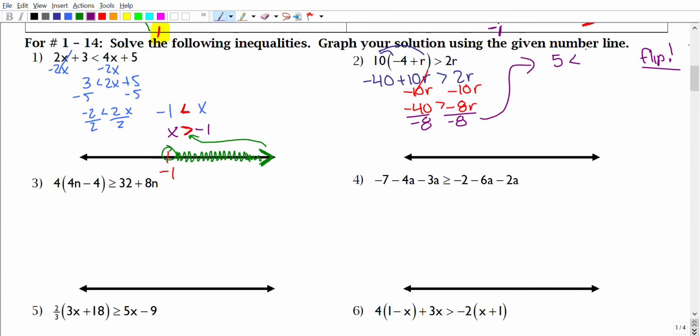And then I just get my r here. But even after a flip, I'm going to have to rewrite, meaning I want the r to come first. So r is greater than 5. Pac-Man's eating my r. Okay, cool. So we have r is greater than 5.